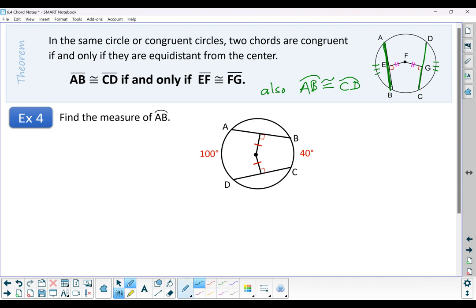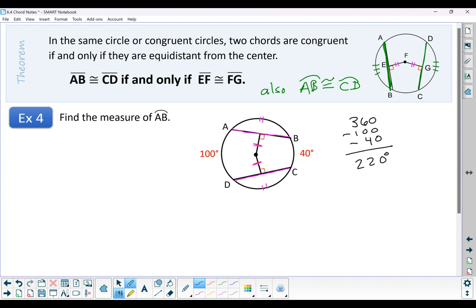All right, so our example 4 here says find the measure of arc AB. Well, we know that these two chords are equidistant from the center, so we know that chord CD and chord AB are equal to each other. That means arc CD and arc AB are equal to each other. So we know the whole circle is 360 degrees, so we can subtract the two known arcs.